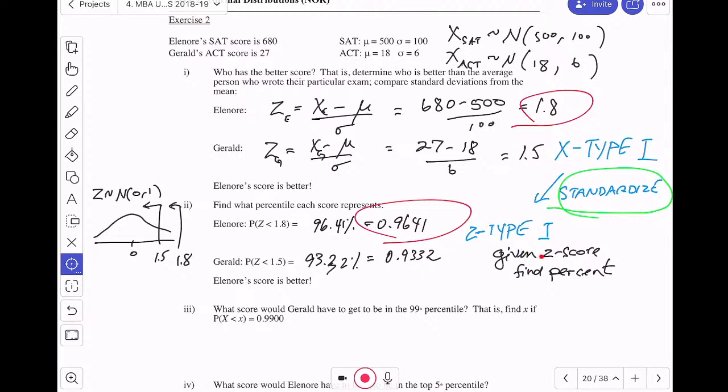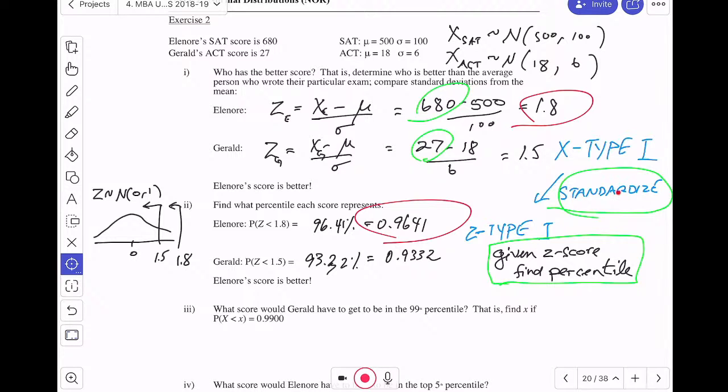Okay, so if I give you the Z-score, you find the percent, or the percentile from the table. Okay? And that's the same here. Here I give you an X score, like I give you a value, and then you have to standardize it to find the percentile. So this is the approach.